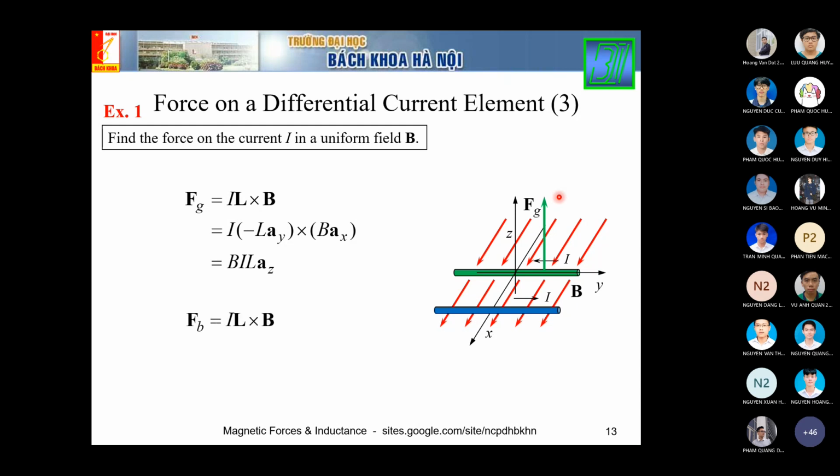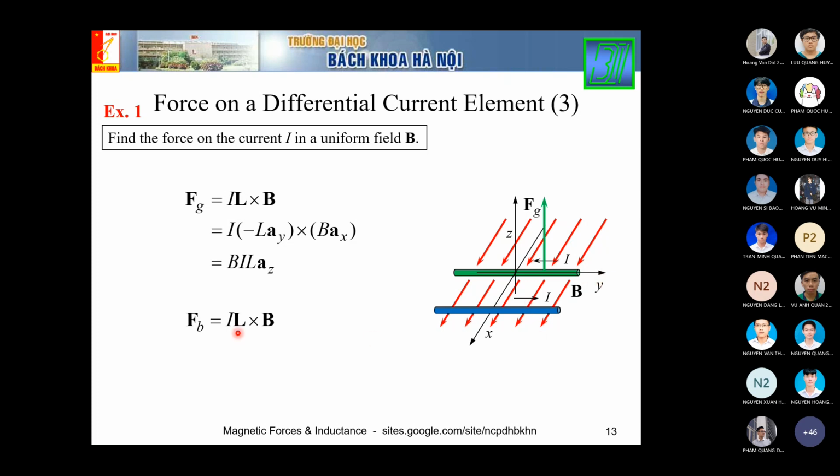Now will be the blue force. I and B are the same, but now we have to modify L a little. The magnitude is still L, but the direction of L is no longer minus a_y. It depends on the direction of the blue current, which is toward the positive direction of the y-axis.